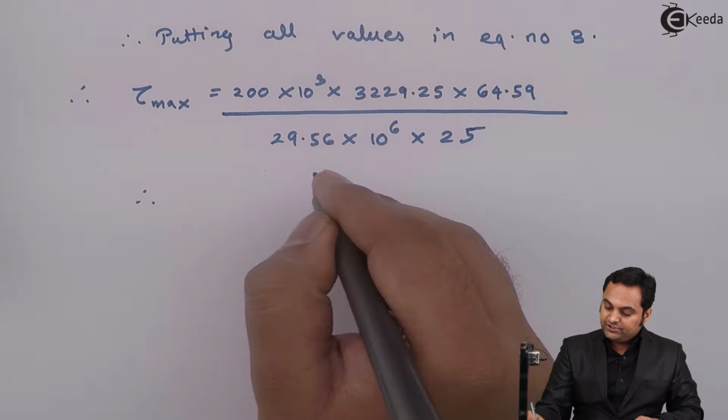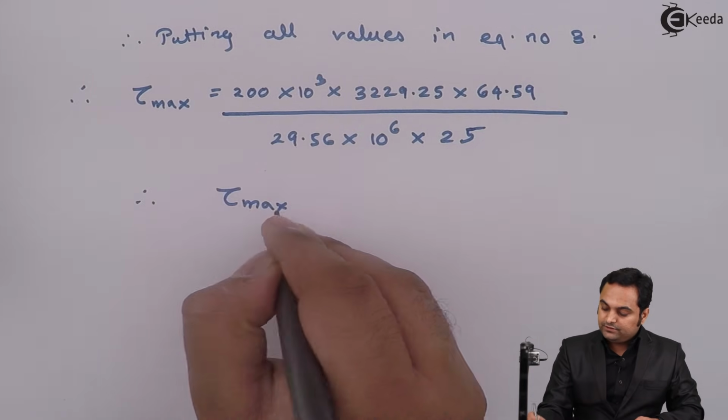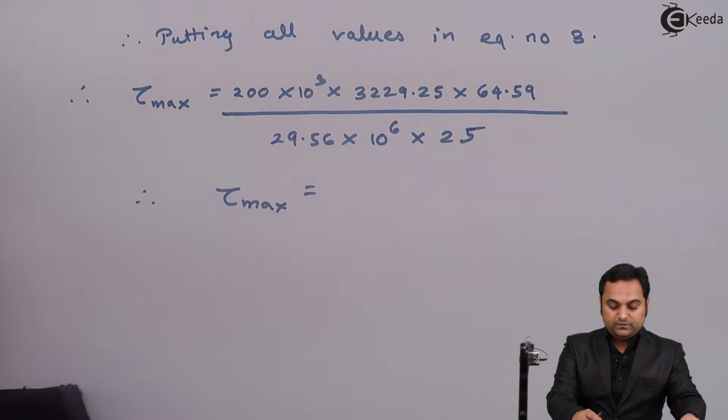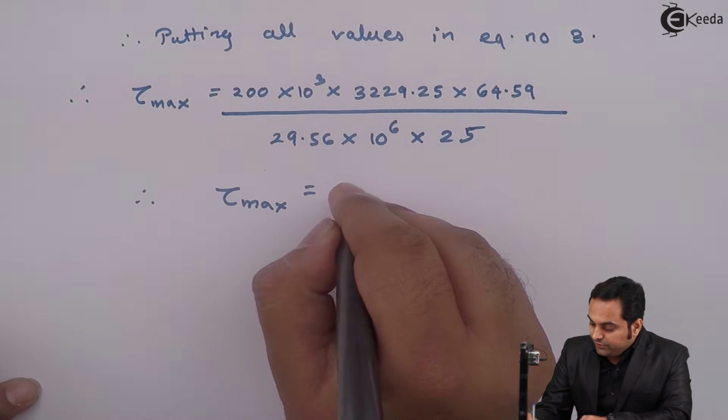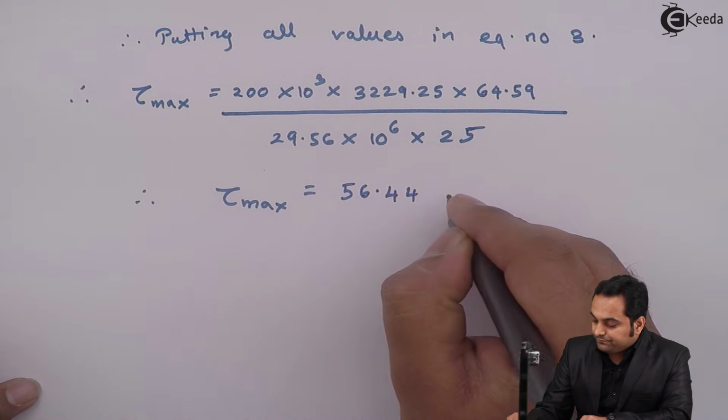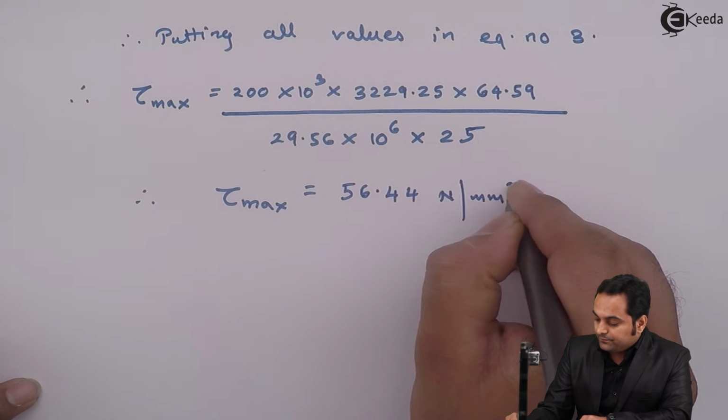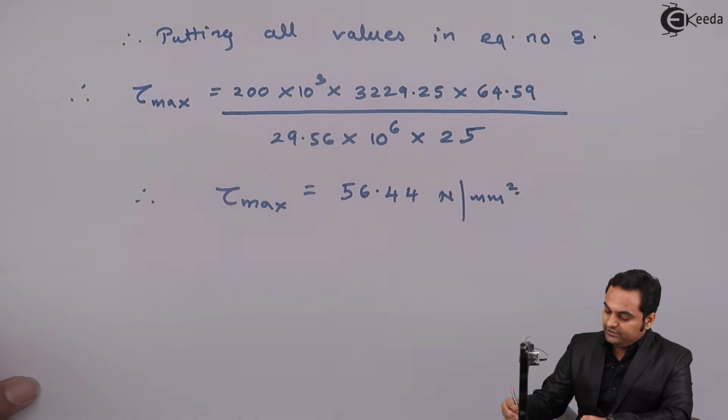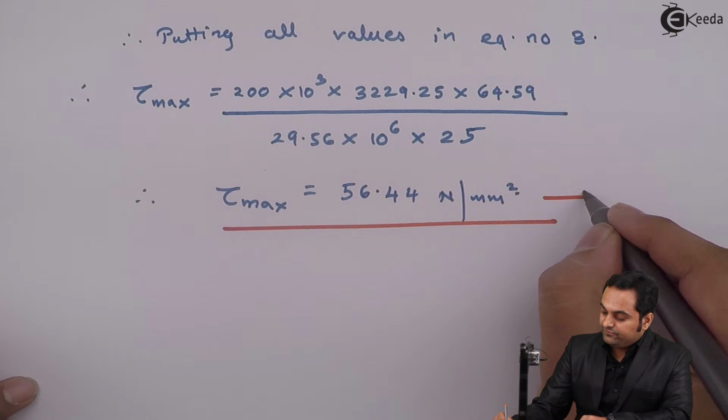So on calculation, I'll get the tau max value as 56.44 Newton per mm square. This is the answer. I'll call it our first answer.